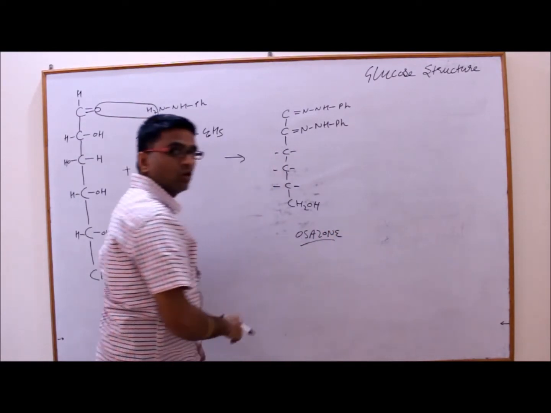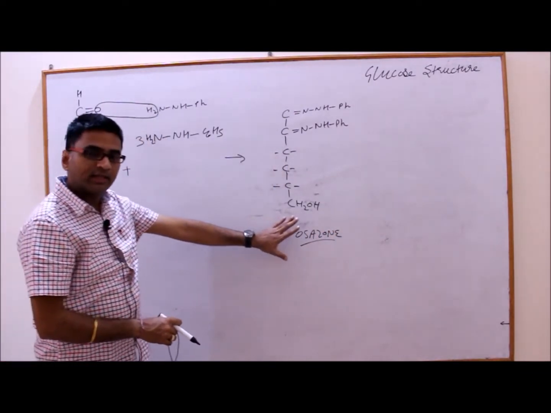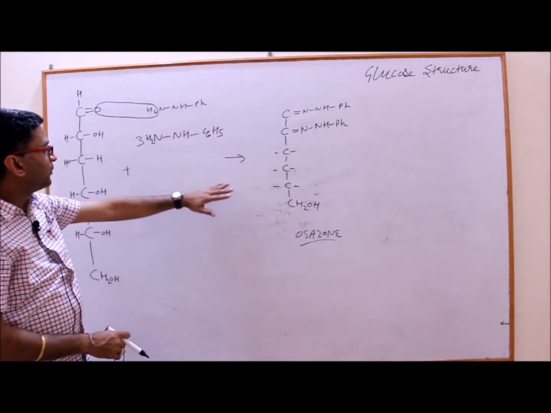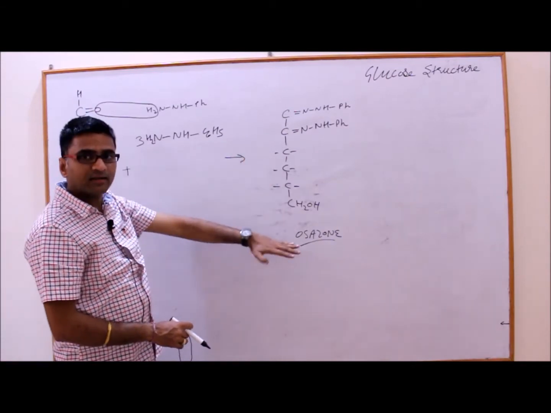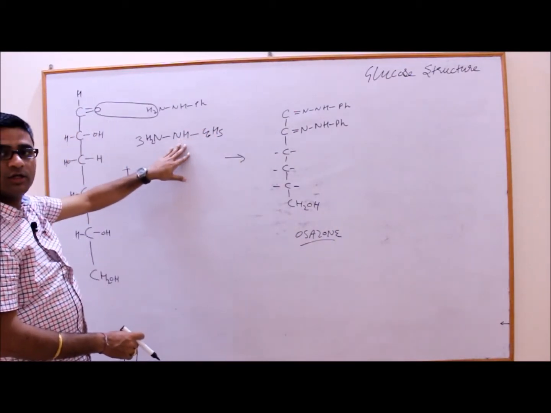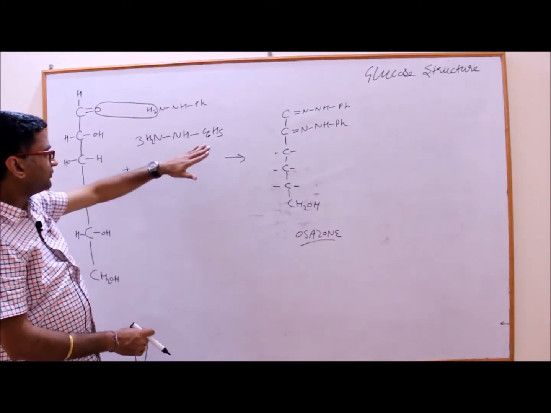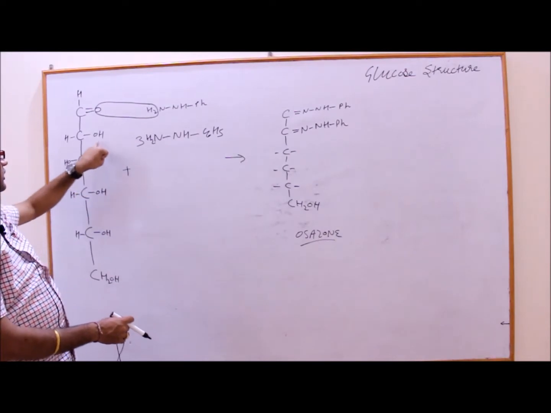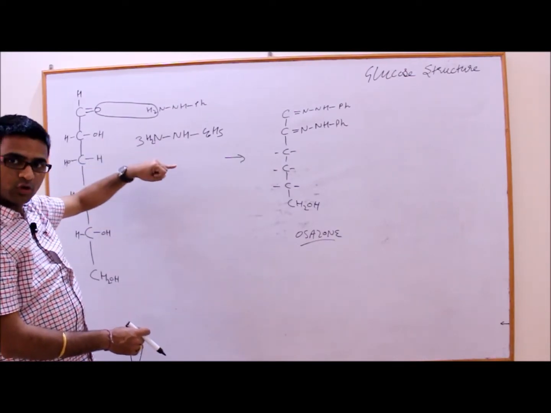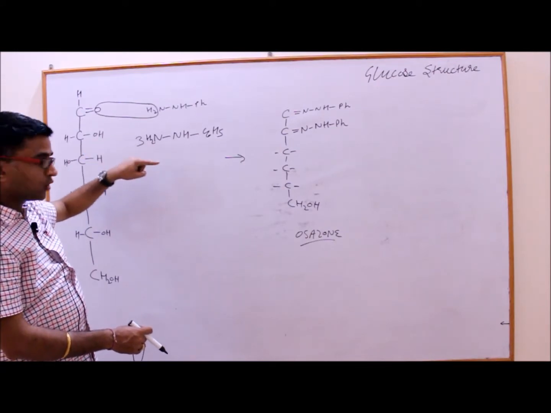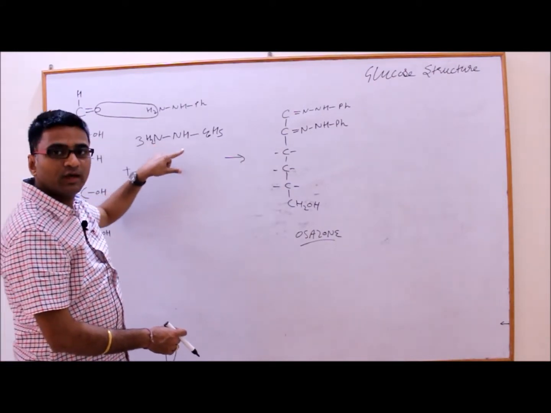and it has yellow precipitates, yellow color, and that's why it is also an important reaction and can be used as a test. An important question from this is: although only 2 molecules are added, 3 molecules are used, explain why. As I already mentioned, the second molecule is used to convert alcohol into a ketone group, C double bond O, and then that ketone group reacts with the third molecule of phenyl hydrazine.